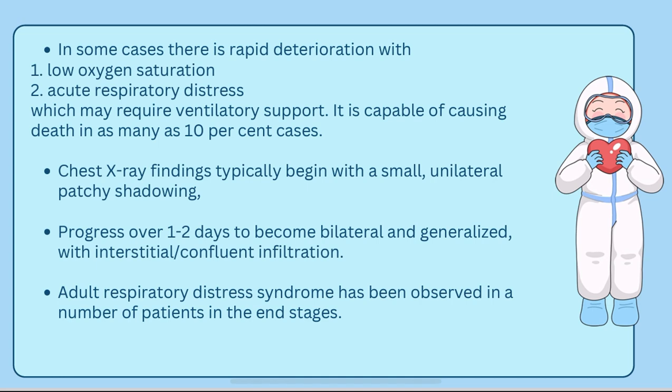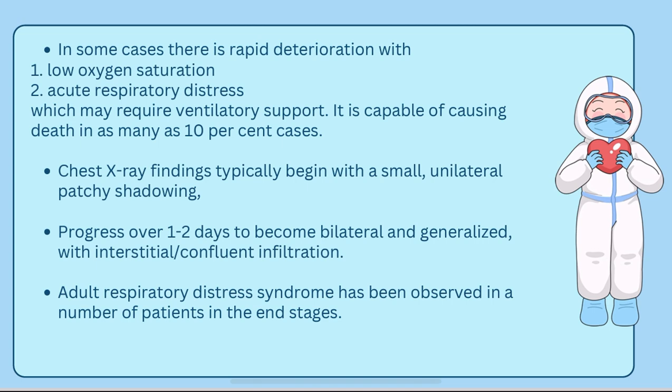Chest X-ray findings will typically begin with a small unilateral patchy shadowing, which progresses in 1 to 2 days to become bilateral and generalized. It is bilateral generalized shadowing along with interstitial or confluent infiltration.